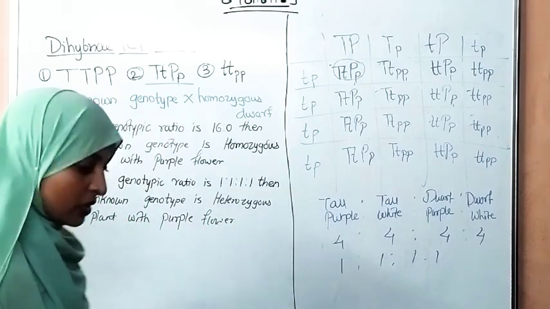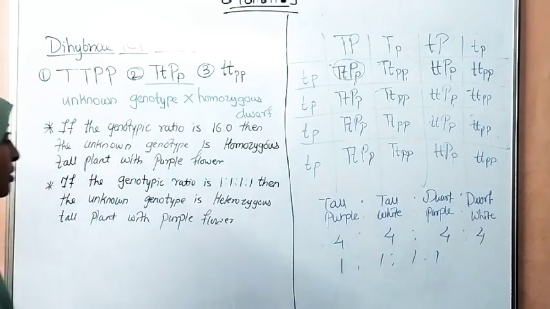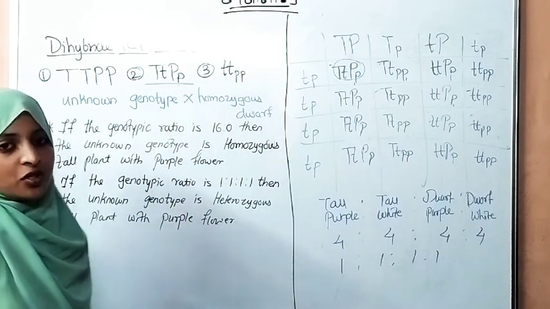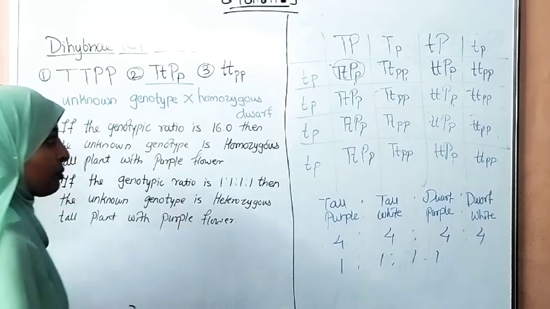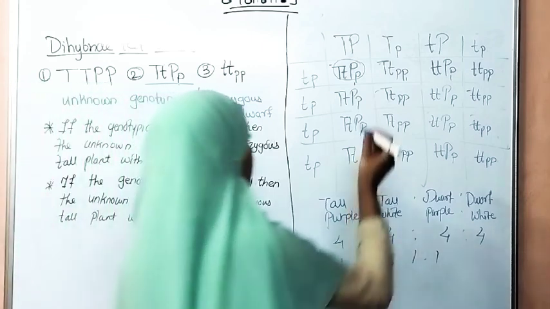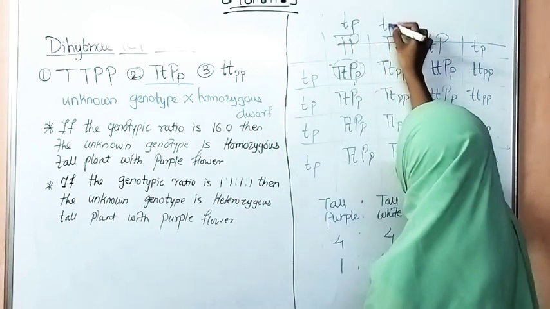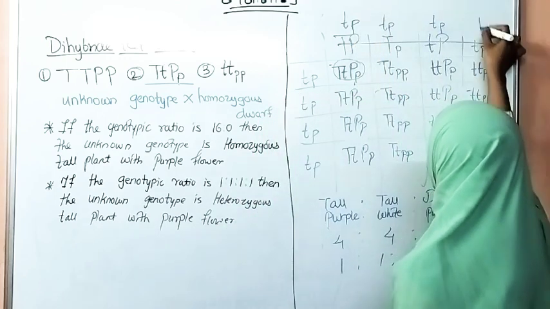Now, in the same way, if we take the third cross, a homozygous dwarf plant crossing with a homozygous dwarf plant, we get the alleles small t, small p, small t, small p, small t, small p, and small t, small p.